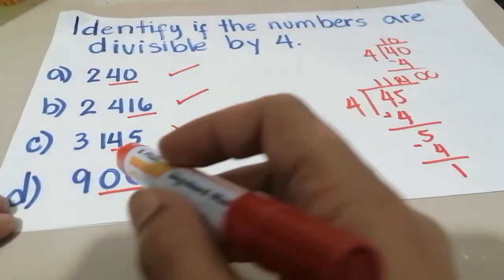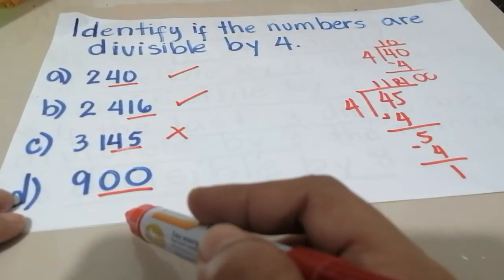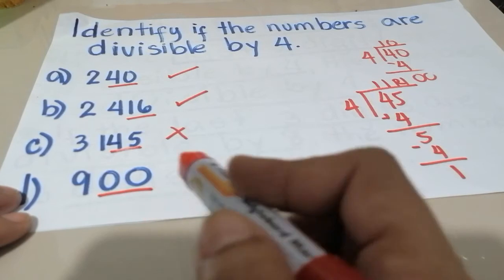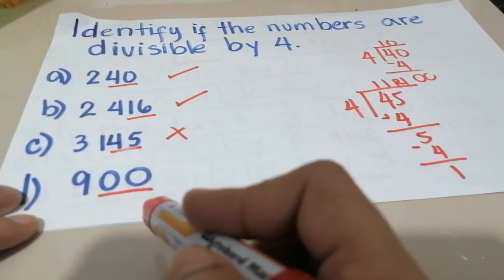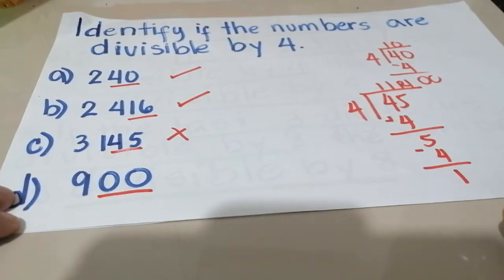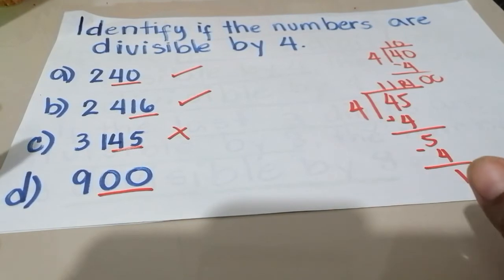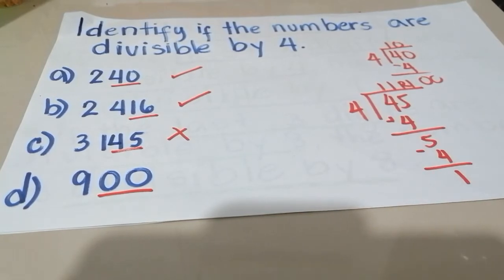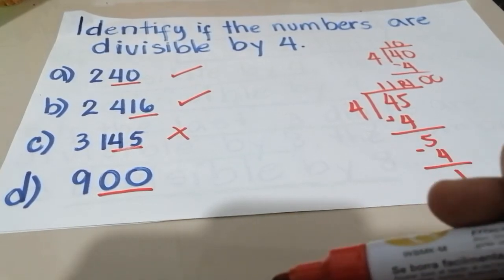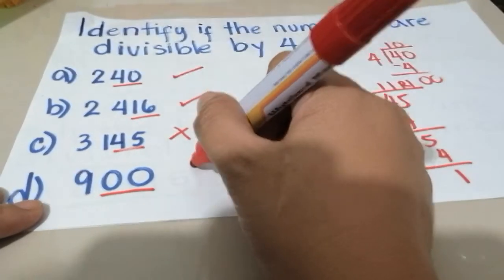Because any number multiplied or divided, when you divide 0, it will still give you a 0 answer, and that is a whole number. Kasi 0 siya. 4 times 0 is 0. 0 divided by 4 is also 0. So, wala siyang remainder. It's a whole number. And because of that, 900 is divisible by 4.